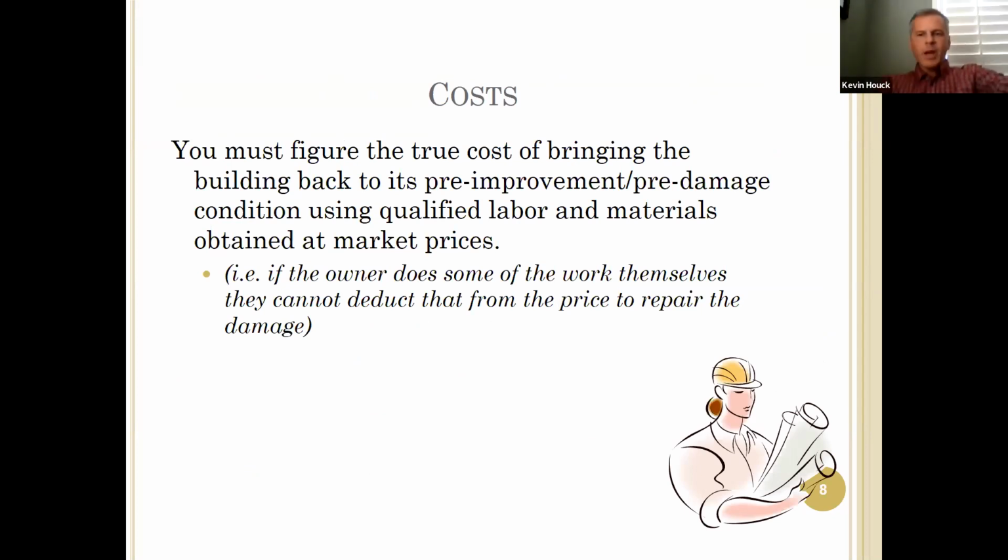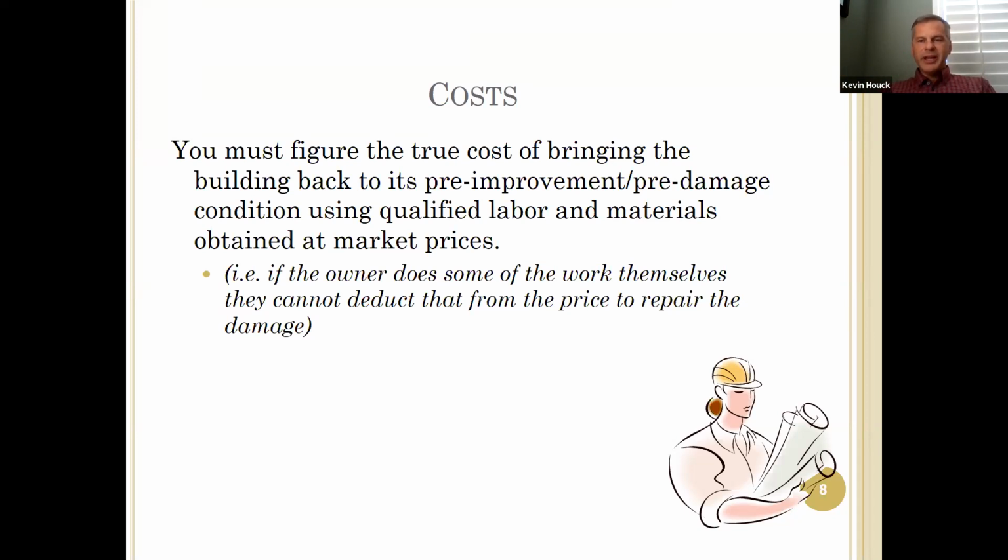Okay, an important provision regarding costs. You must figure the true cost of bringing the building back to its pre-improvement and pre-damage condition. So for example, in the case of, let's just say, a substantial damage, you're trying to bring it back to what it was before the flood or before the fire or before the tornado or whatever it is that caused the damage.